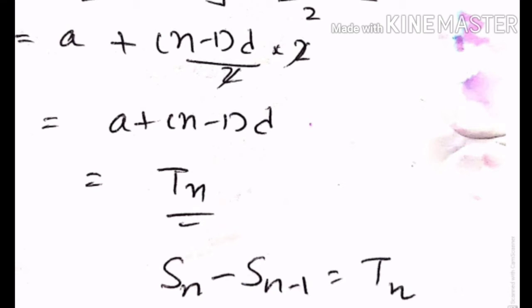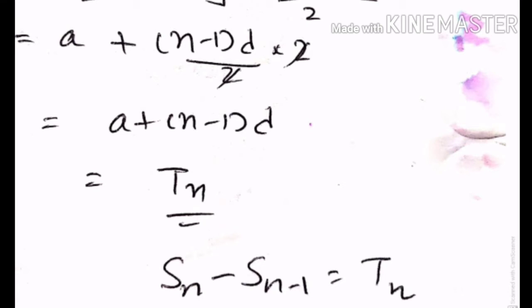That is our formula for the nth term, that is Tn. The notation for the nth term is Tn. So Sn minus S(n minus 1) is equal to the nth term. It means whenever you have the sum of n terms minus the sum of n minus 1 terms, then you get the nth term. You can use this formula whenever this type of sum is given to you in the question.